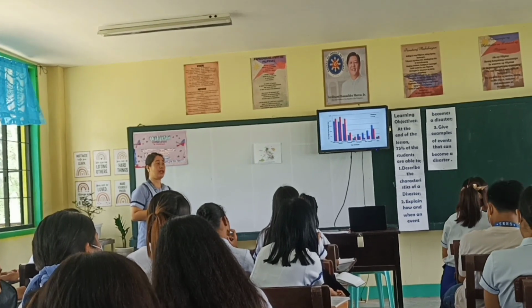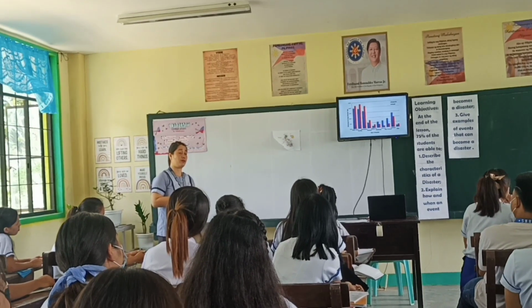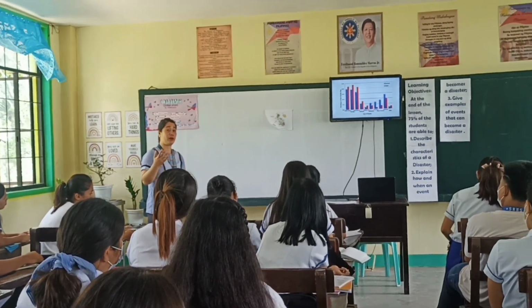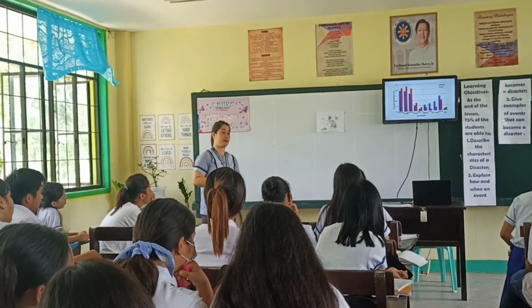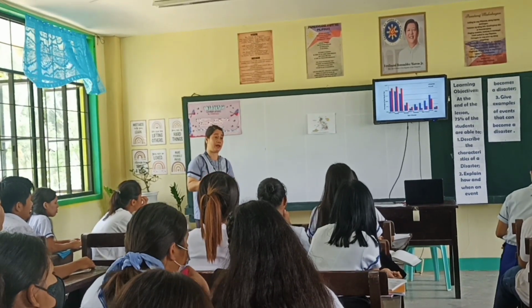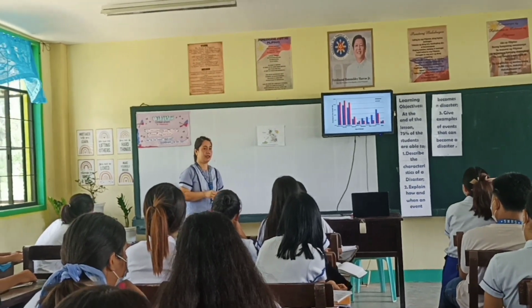So actually, in your research, you can come up with that kind of activity, right? When you research, you are going to count the numbers, then you are going to interpret that in the form of a bar graph. So you can present that. It can be a bar graph or a pie graph, right? Percentage composition.